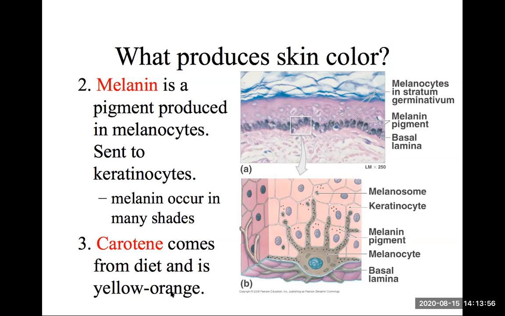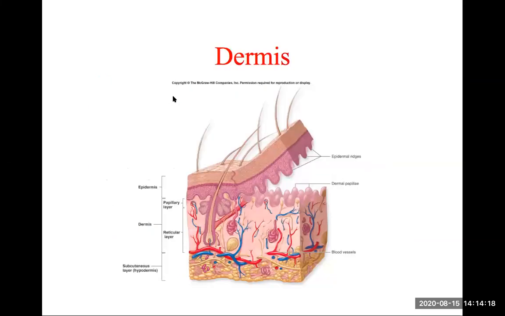And you can see this if you want to go on YouTube and look at what happens to people when they drink too much carrot juice. You can actually turn yourself a lovely shade of orange. This is reversible, but it'll give you an idea of how it contributes. So it's not a huge contributor, but it is part of skin color. Obviously, melanin is the big contributor to skin color in humans.